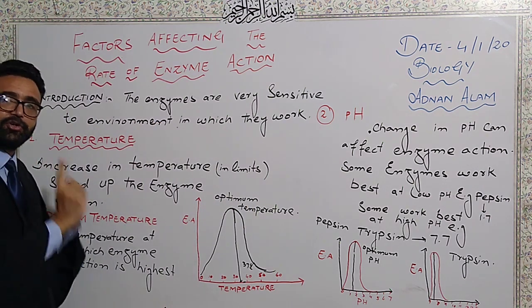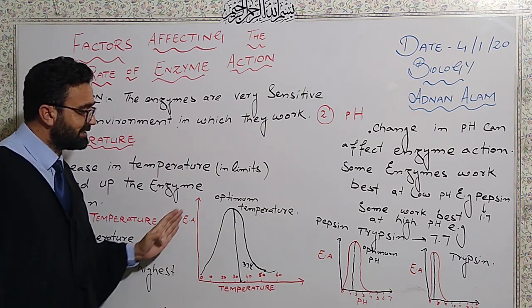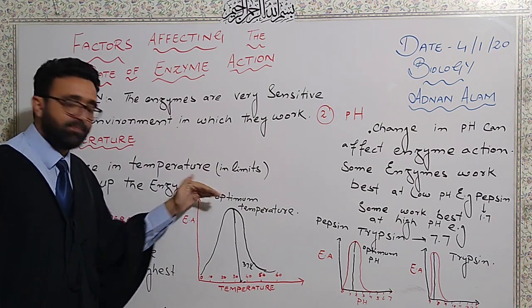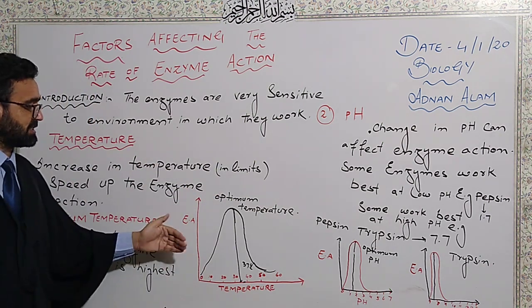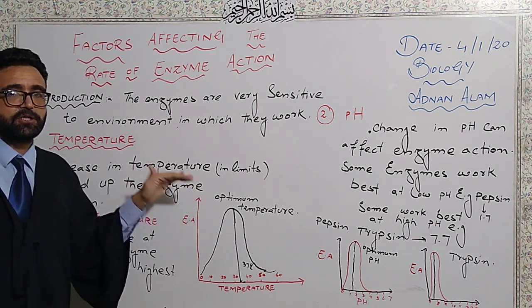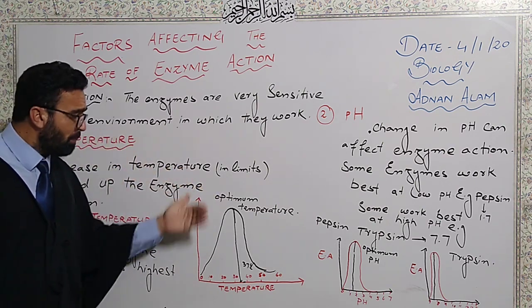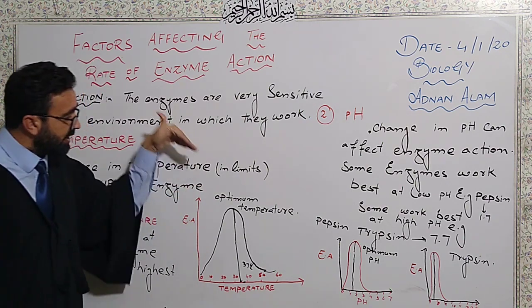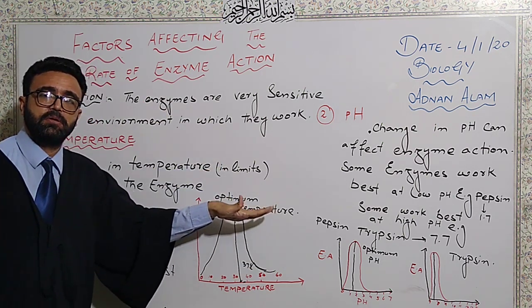If we increase temperature within limits, it will increase the enzymatic activity, and there will be a temperature at which the enzyme works best. That temperature is called the optimum temperature. After the optimum temperature, if we enhance the temperature, the rate of enzymatic activity will decrease.